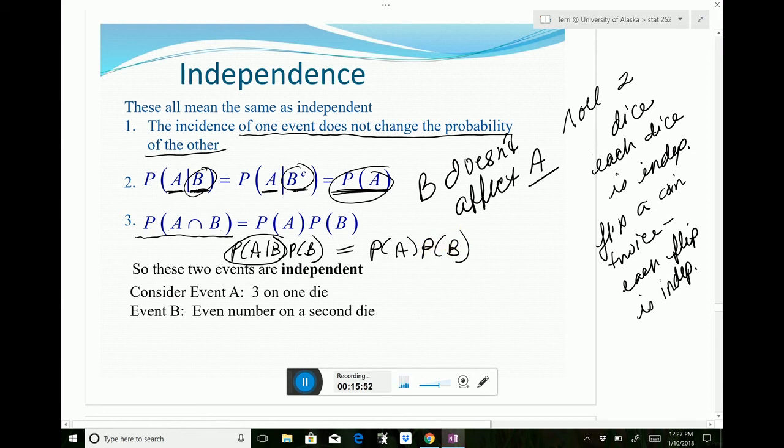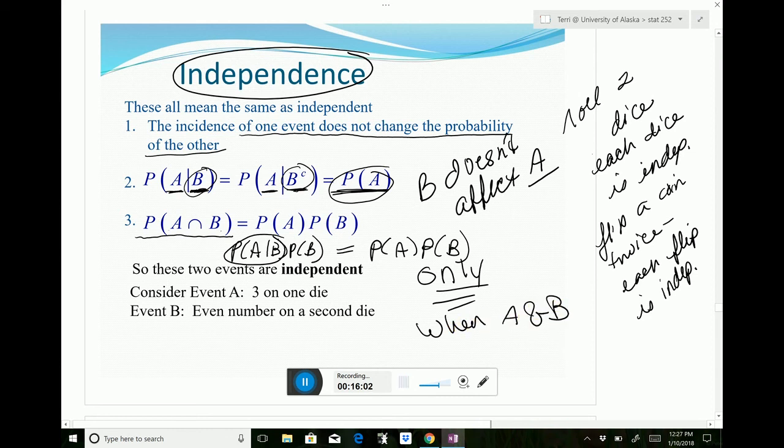So you can find intersections by multiplying probabilities only when A and B are independent. Now, we assume independence quite often, as you'll see throughout the class, when it's what we call pseudo-independent, when we're, of course, taking a sample without replacement from a large population.